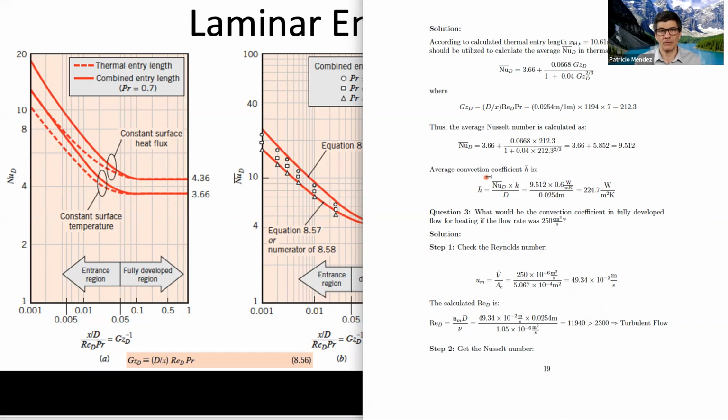The mean velocity is going to be 10 times higher. We calculated here that we get almost 0.5 meters per second, and the Reynolds number in this condition would be almost 12,000, definitely higher than the 2,300 that is the critical value. So now we're talking about turbulent flow.